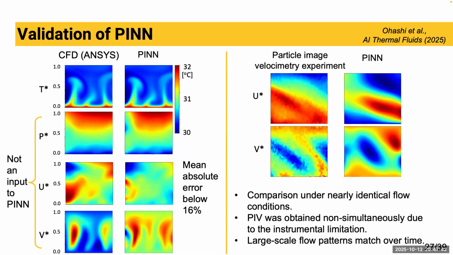And we were able to see that the major flow patterns are really similar to PIN's inference based on the raw temperature data. So from these indirect validation approaches, we kind of validated PIN's predictions.